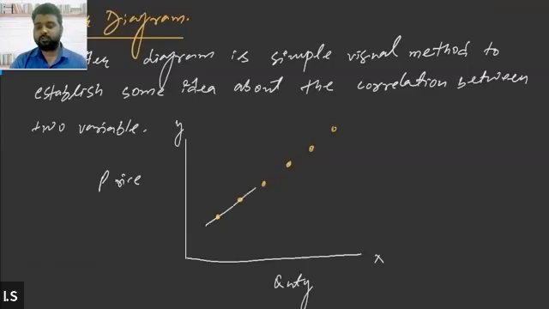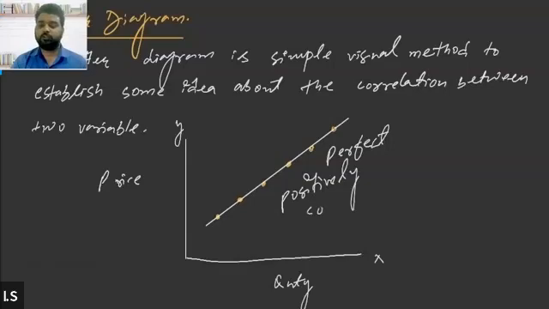If you connect these dots, you will see they are aligned in a line going upward. And since they are aligned in a perfect line, there is a perfect positive correlation between price and quantity.